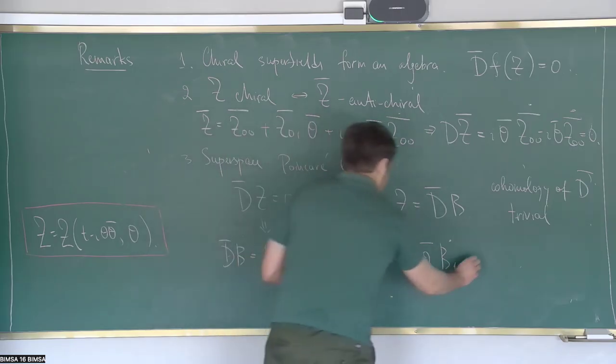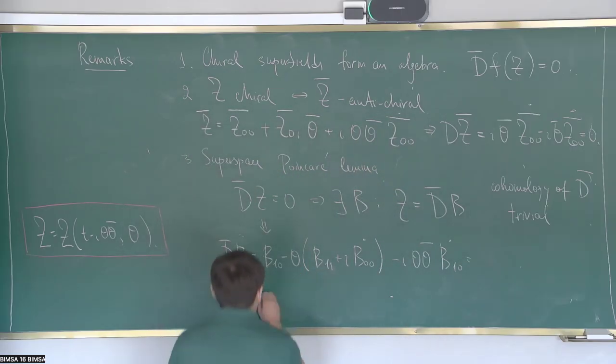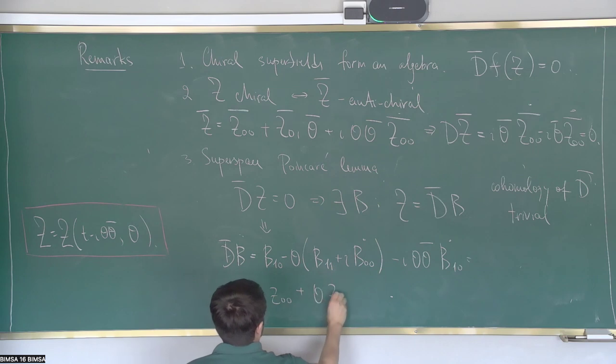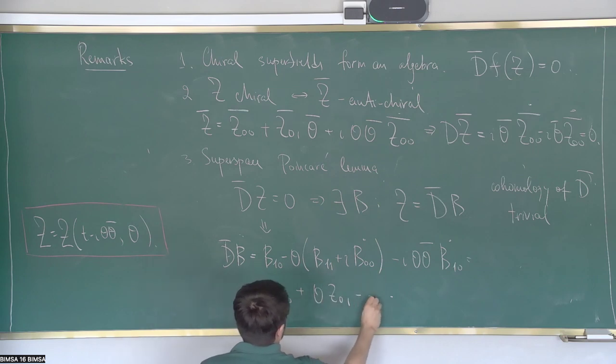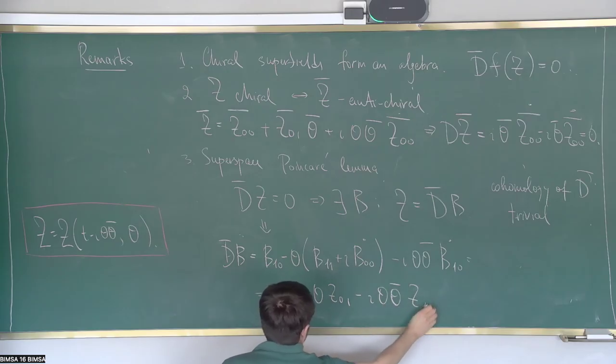So it has to be equal to Z, which as we know, kind of from here, is Z0,0 plus theta Z0,1 minus i theta theta bar B11, Z0,0 dot.